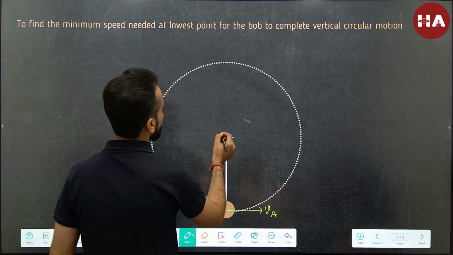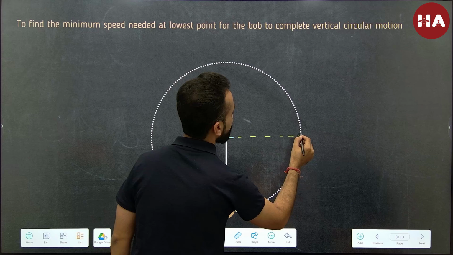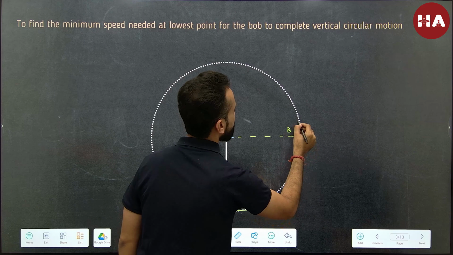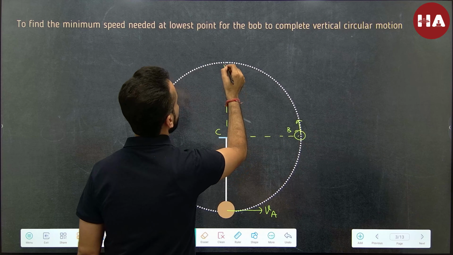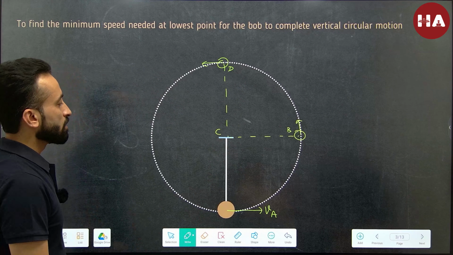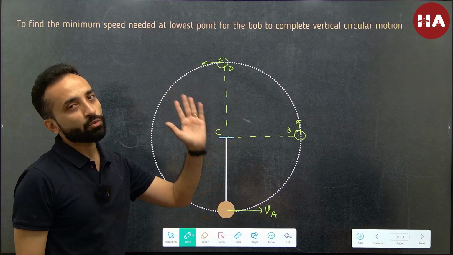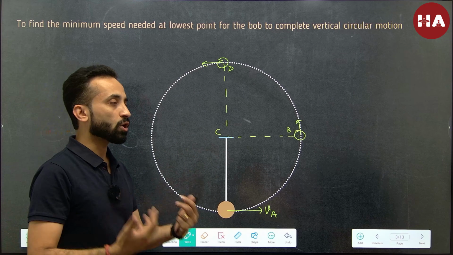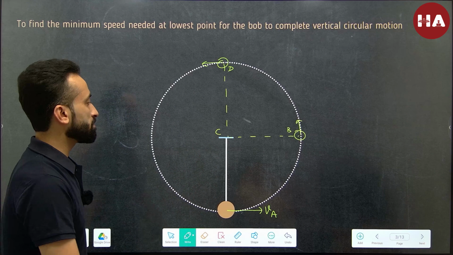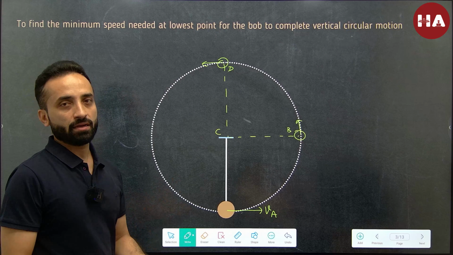Think about it. So let's call C the center. This is, let's say, A. When it reaches here, let it be B, and ultimately when it reaches here, let it be D. So at A we have started the motion and we want the circle to be completed. Now what is the problem? Why is the circle not being completed? The reason is this string. This string can slack, right?